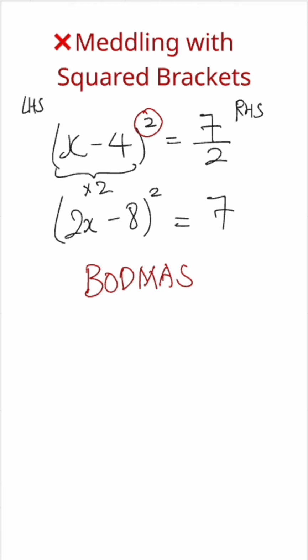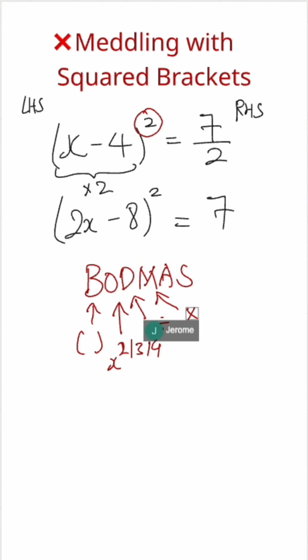B stands for bracket, O stands for order, which is your square, your cube, x squared, x cubed, etc. Then division, multiplication, addition and subtraction. By following the rule of BODMAS, division comes in third place and multiplication comes in the fourth place.